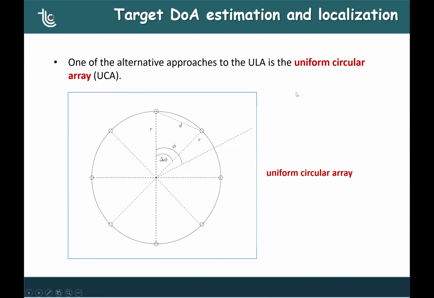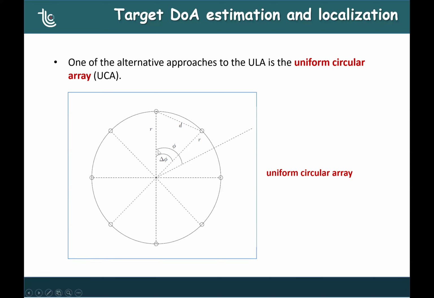This is the reason why in many practical passive radars, we use a uniform circular array. So you see, this is the circle, and uniform because this distance between the elements D is the same for all the elements of the antenna.